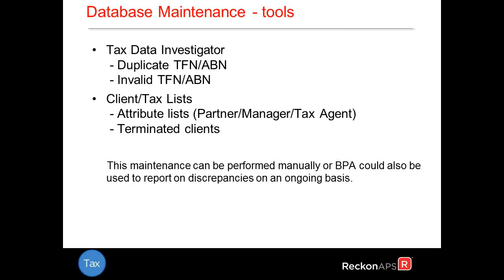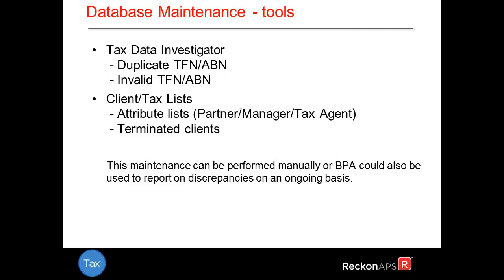One of the tools you have available to you is the Tax Data Investigator. It's a very useful tool, and it will allow you to look for duplicate TFN and ABN as well as invalid TFN or ABN. The other option is you can run some client or tax lists based on attributes using partner, manager or tax agent, and including or excluding terminated clients.